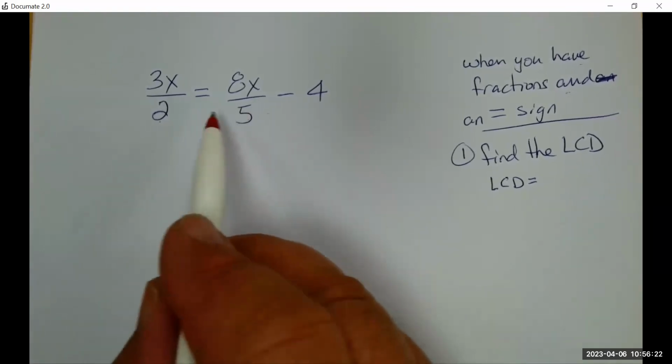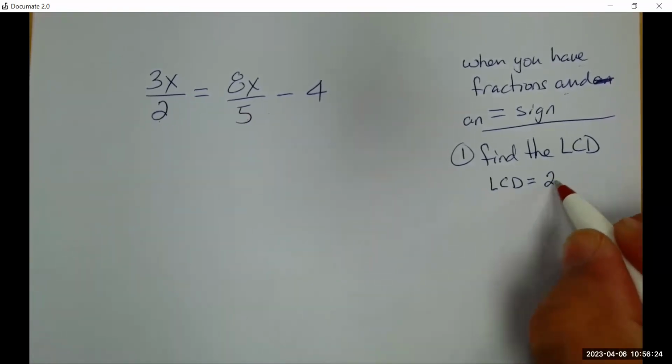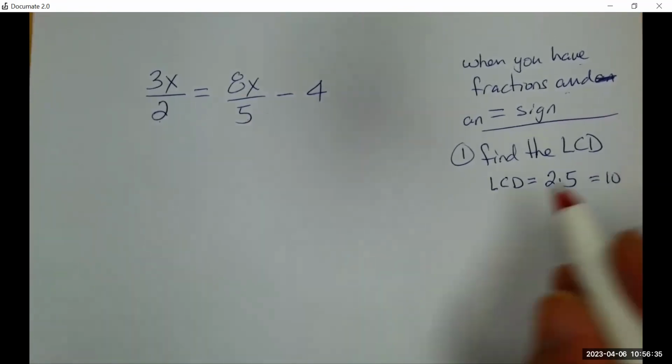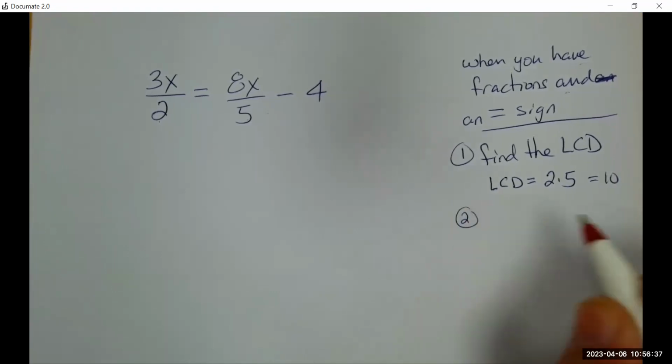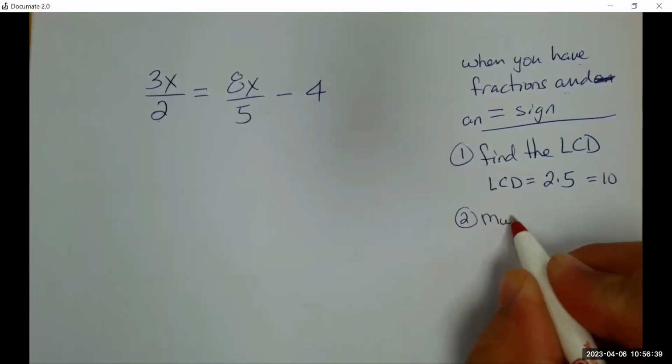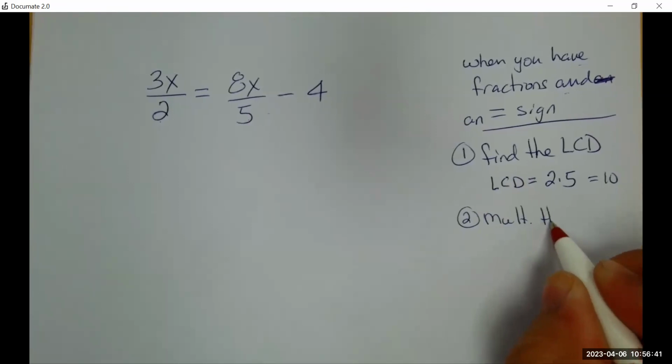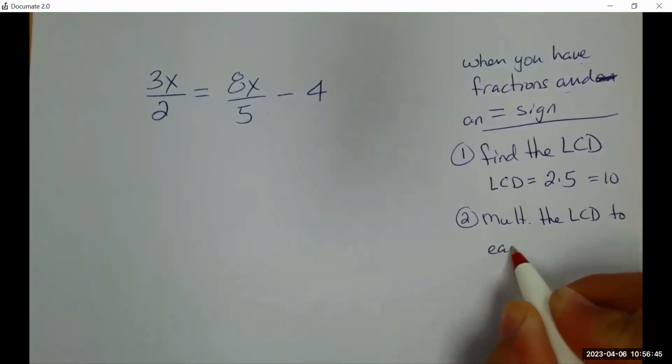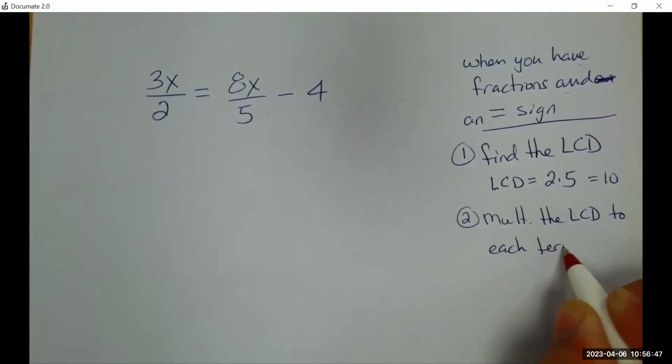In this case, since they're both prime numbers, just take them both and multiply them together. The LCD is 2 times 5. Once you find the LCD, the second step is to multiply the LCD to each term.